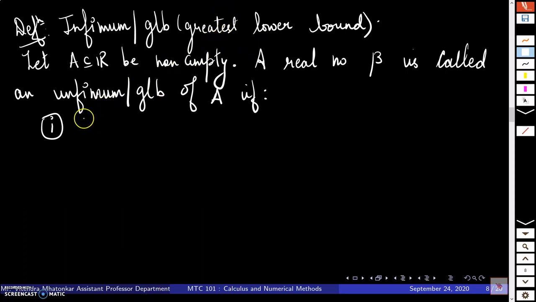So the number beta is a lower bound of A. This is the first condition that is required.